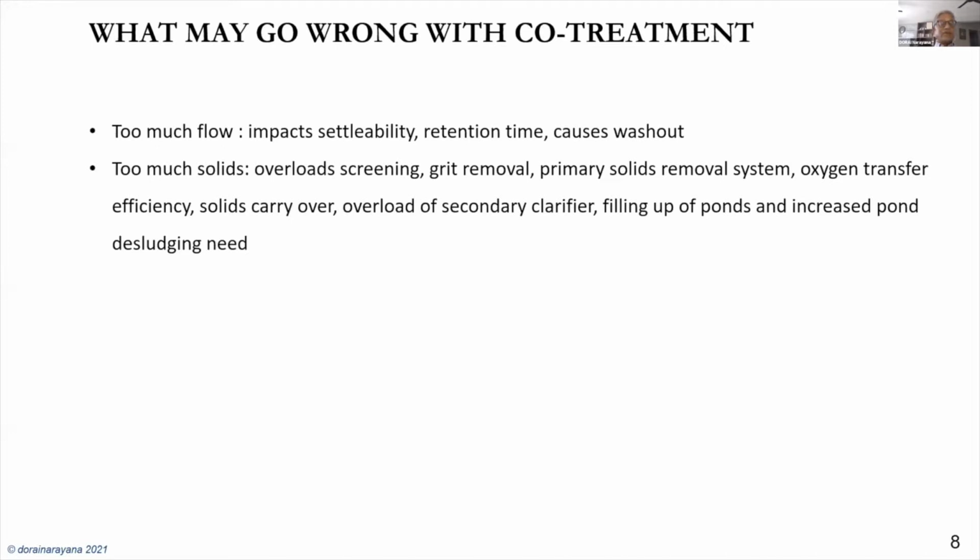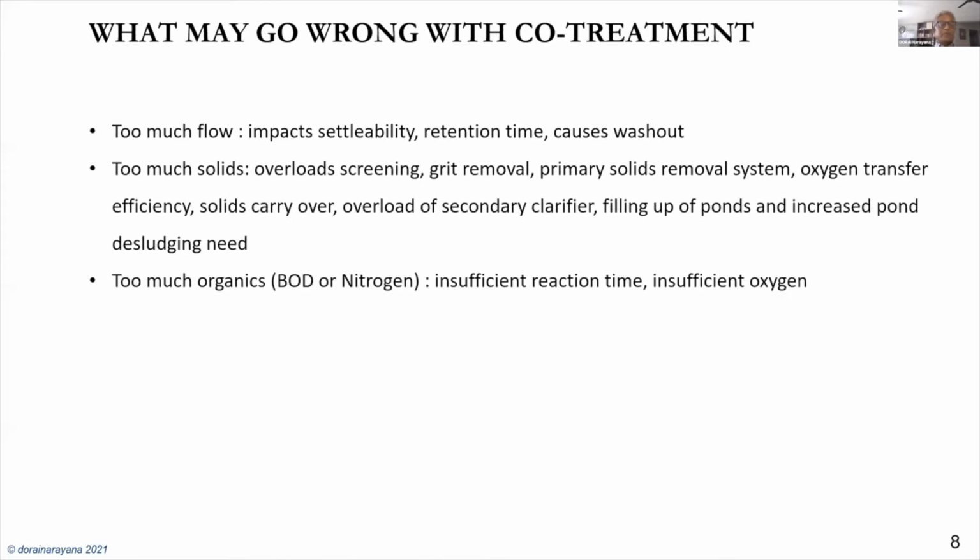There could be solids carryover to your secondary clarifier and overloading of the secondary clarifier. And if you're using a pond system, for example, the ponds could get filled up much faster by the additional solids coming in, and it may require desludging at more frequent intervals, right?